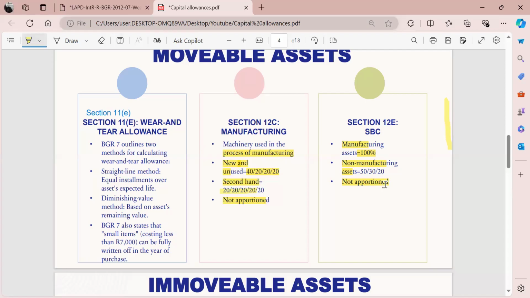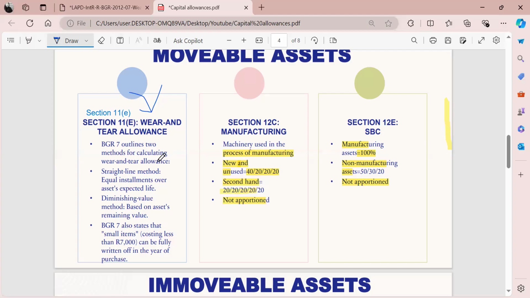Basically, I'd like to believe that all movable assets qualify for Section 12E, right? For example, motor vehicles, computers, etc. They all qualify for Section 12E, right? However, you may find a situation where, for example, this asset qualifies for 11E, but it also qualifies for 12C, or it also qualifies for 12E, right?